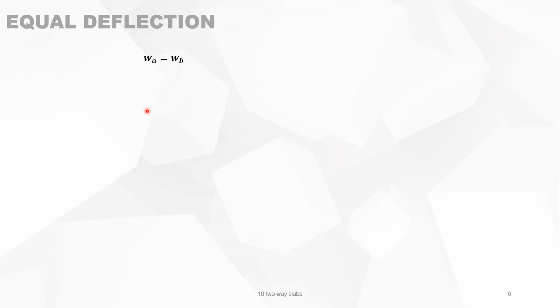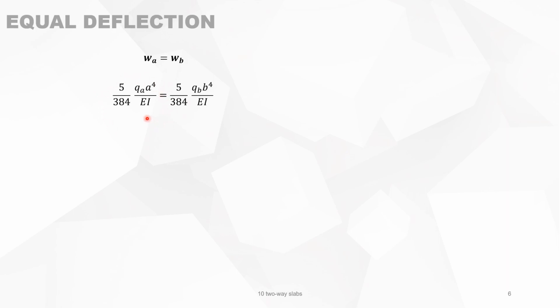So we got WA equals WB. We are using the known formulas from the elastic theory of elements or the known formulas of applied mechanics. Then we know for simply supported beam or slab, it will be this.